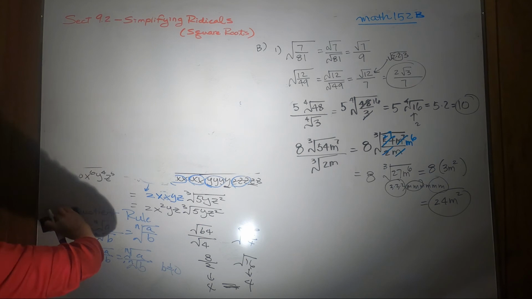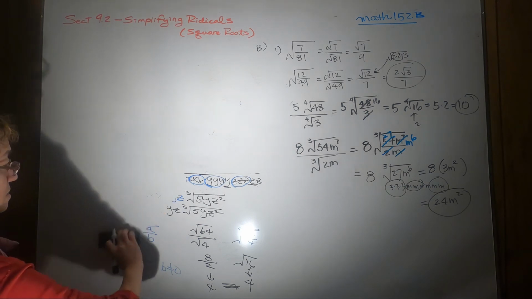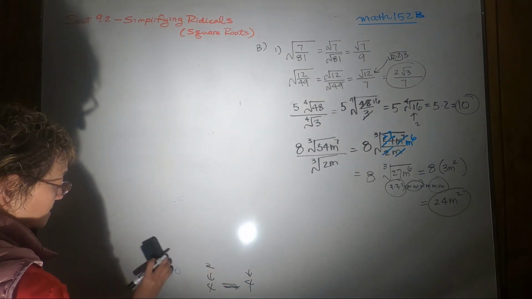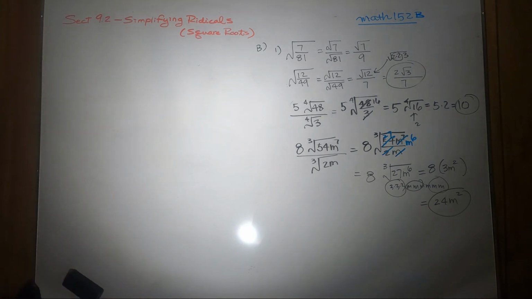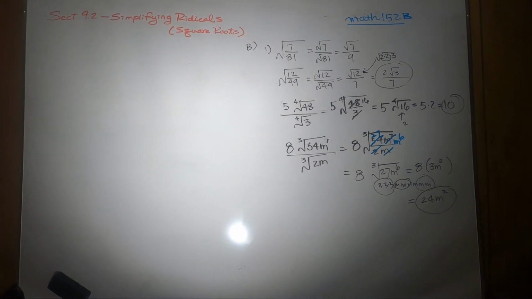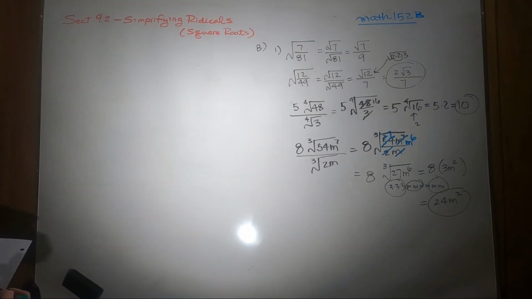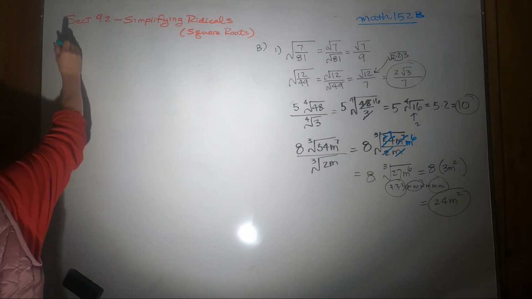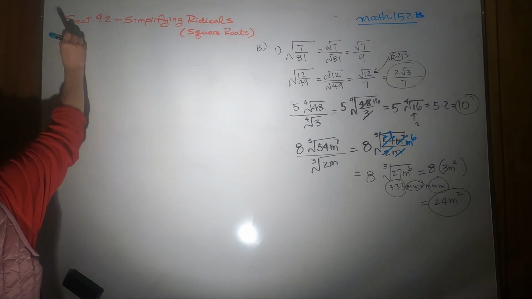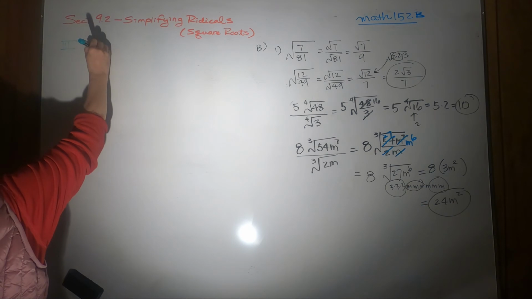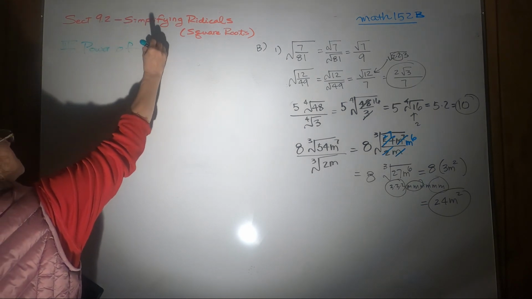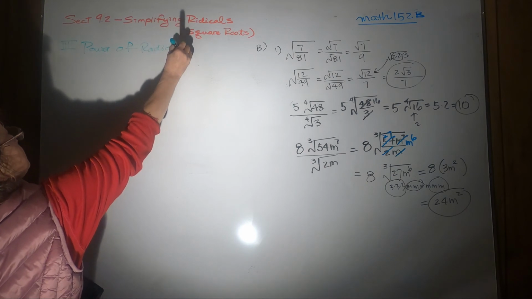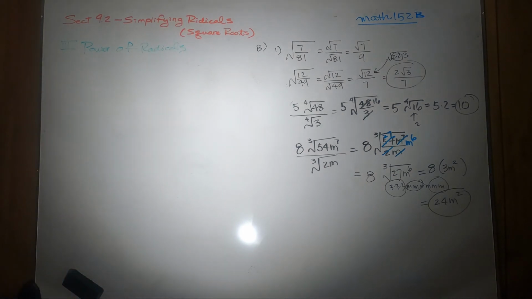Then you make the inside of the radicals as simple as possible. You need to remember that. Okay? So, next one, we are going to do some powers. Okay? Powers of radicals. That's C.